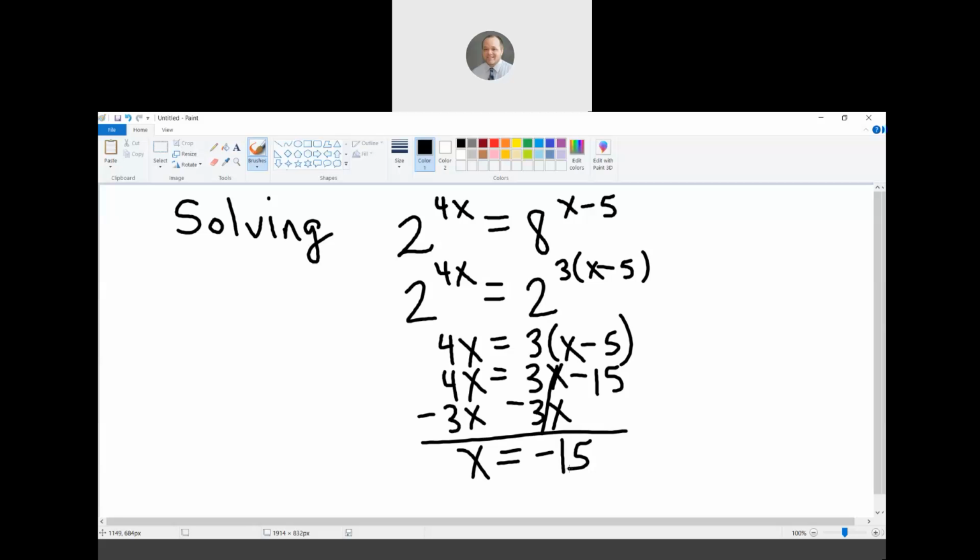Let's look at another example of an exponential equation that we got to solve. Let's say we got 25 to the 2x power equal to 125 to the x plus 7th power.